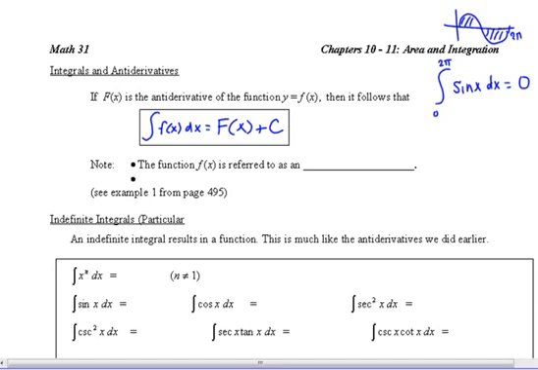That's something to note. If you're looking for area, you have to use the antiderivative and separate it, right? Where it's above the axis, where it's below the axis. So the function f of x is referred to as the integrand.